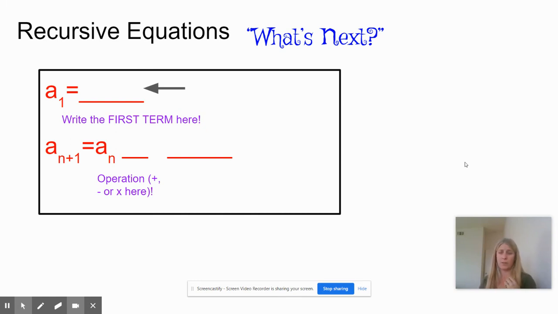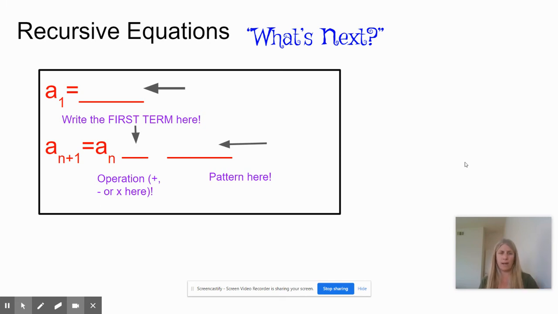If it's getting smaller, which we normally consider division, but we write all of them as multiplication, it's going to be a number between 0 and 0.99. So here is where we put our operation, and our last spot is where we put our pattern. Is it times 3? Is it plus 5? Is it minus 4?